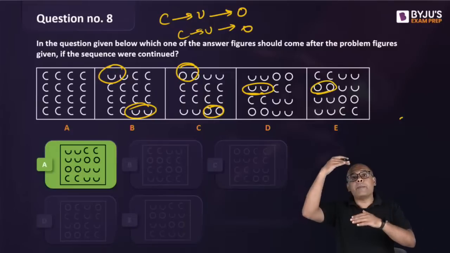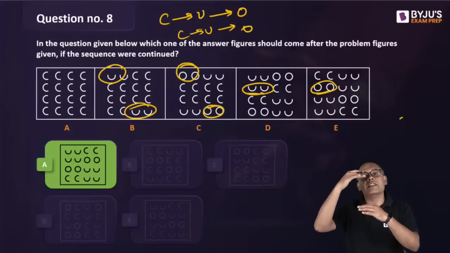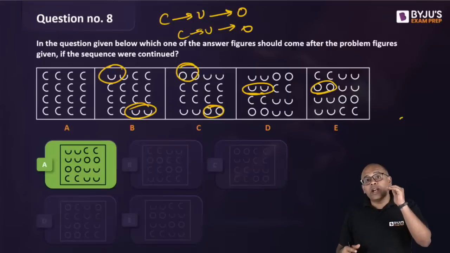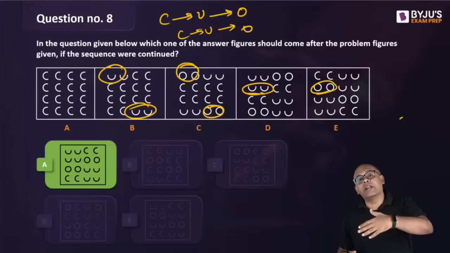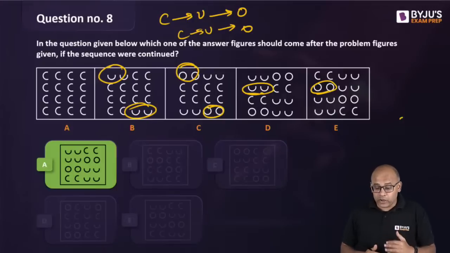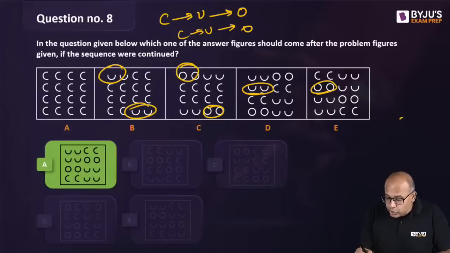So basically what happened in the outer layers is happening in the inside layers. If you identify what happened in the outer layer, you can predict what will happen in the inner layer also. So look at the outer layer. C is becoming U, U is becoming O, and then in exchange, you can see this pair and this pair are exchanging.